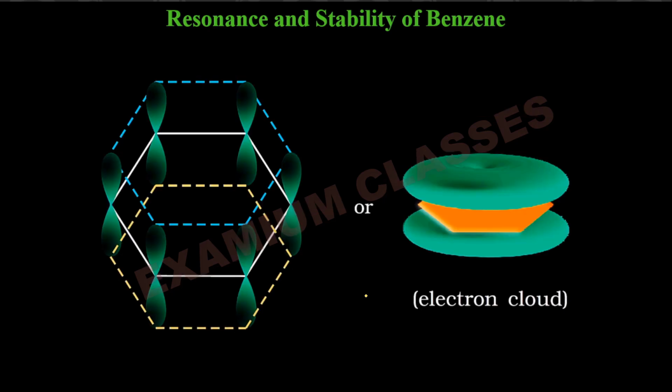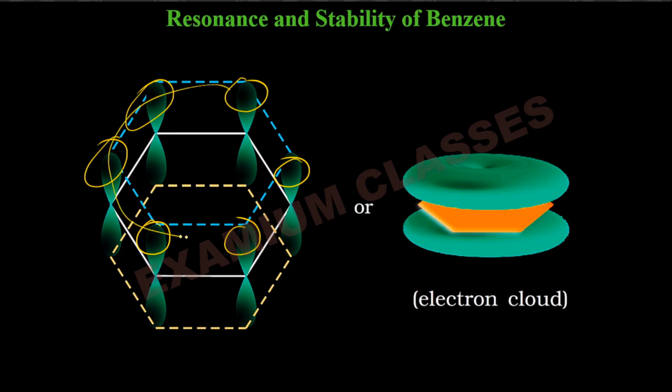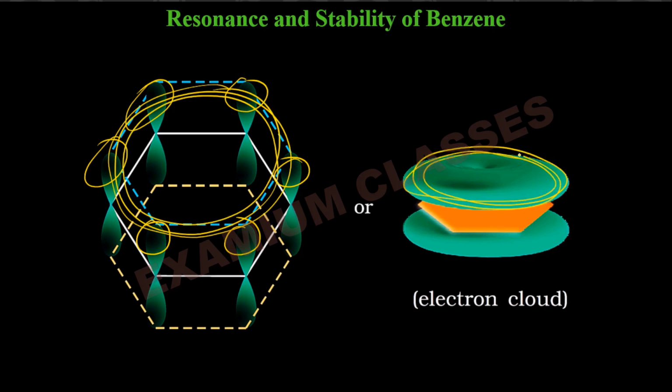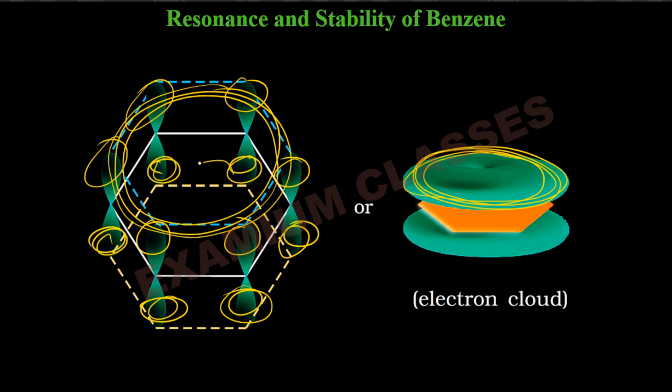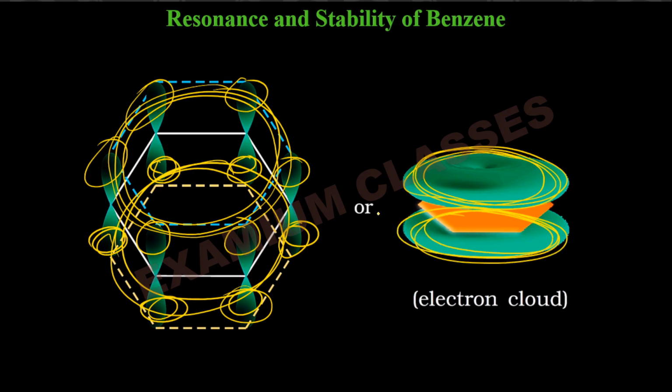In reality, because all bonds are similar, what happens is that all the lobes which are at the top, all the lobes of p orbital, py, in y-axis, these are parallel, these combine, these merge, and they form a disc shape at the top, and all the lobes of p orbital, py, on the lower side, bottom side, they combine to form another disk at the bottom side.